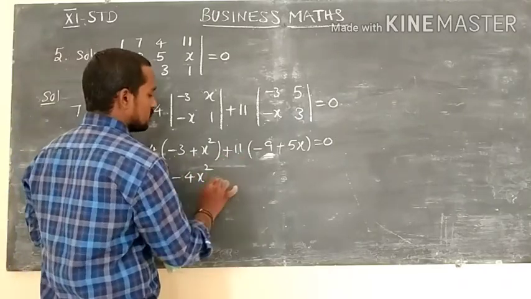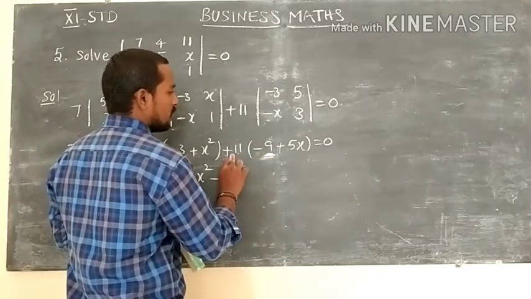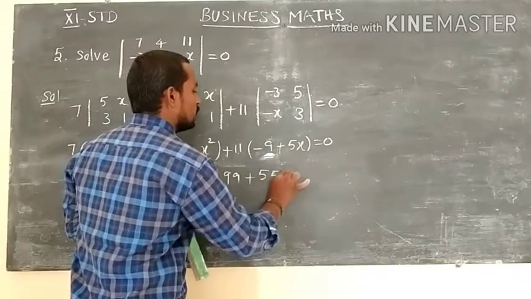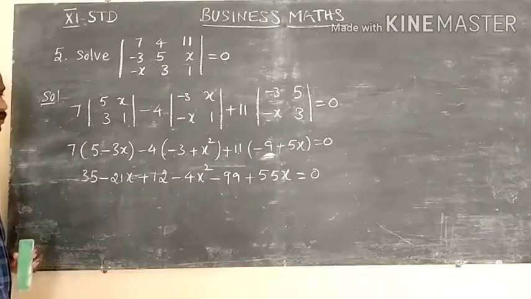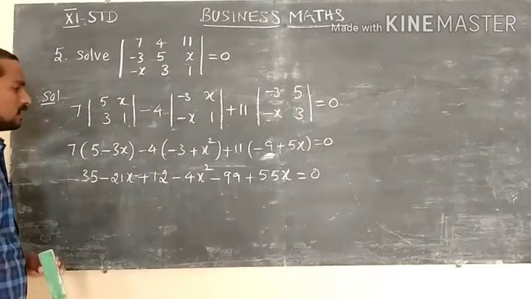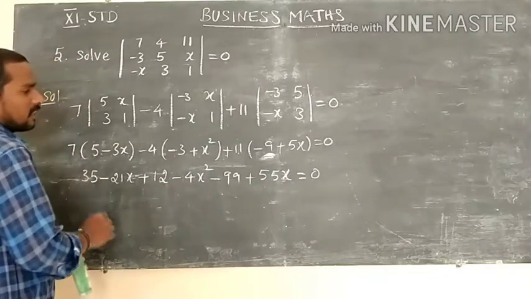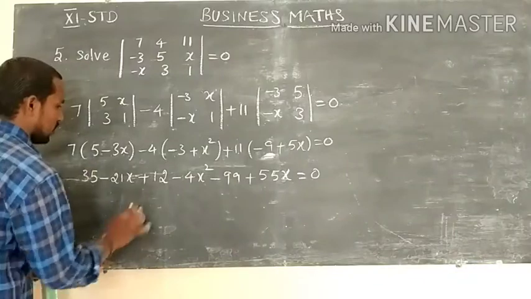Then plus into minus minus, 11 9s are 99, and plus into plus plus, 11 5s are 55x is equal to 0. You understood? And comparing the like terms, next write in the descending order of the equation. So first consider the x square.